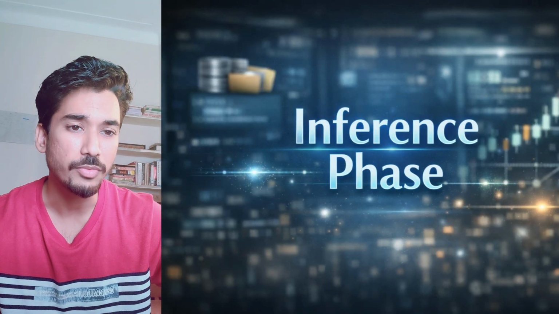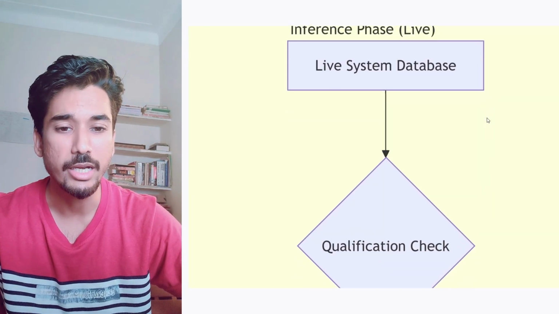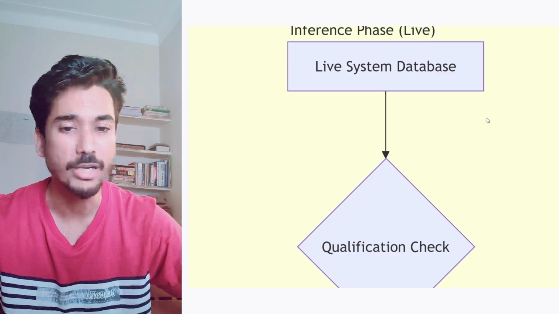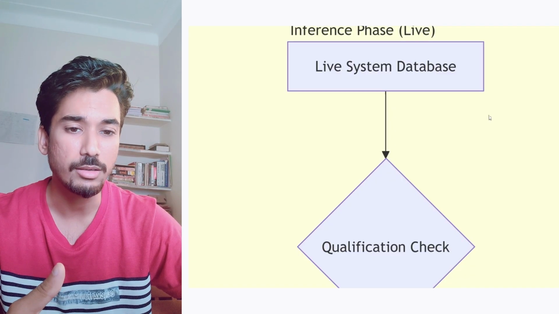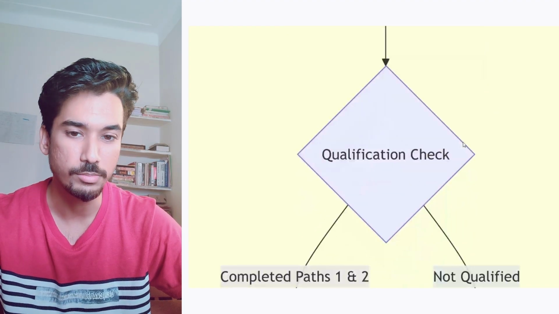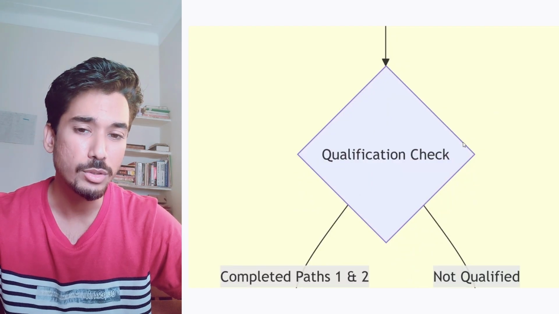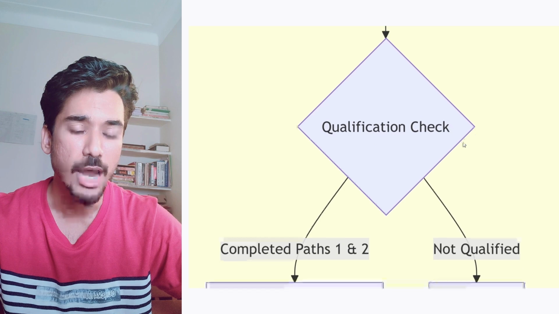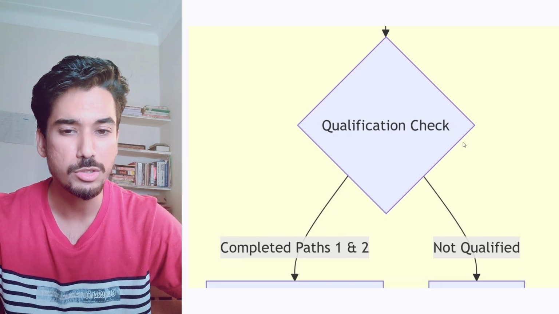Now, at inference time, what happens is we load this model dynamically. In the inference phase, we have the system database, which is continuously being updated with the student progression. We first check the qualification. We are not going to check every student for the risk of passing or failing. There is one threshold, that the student must have completed the first two learning paths.